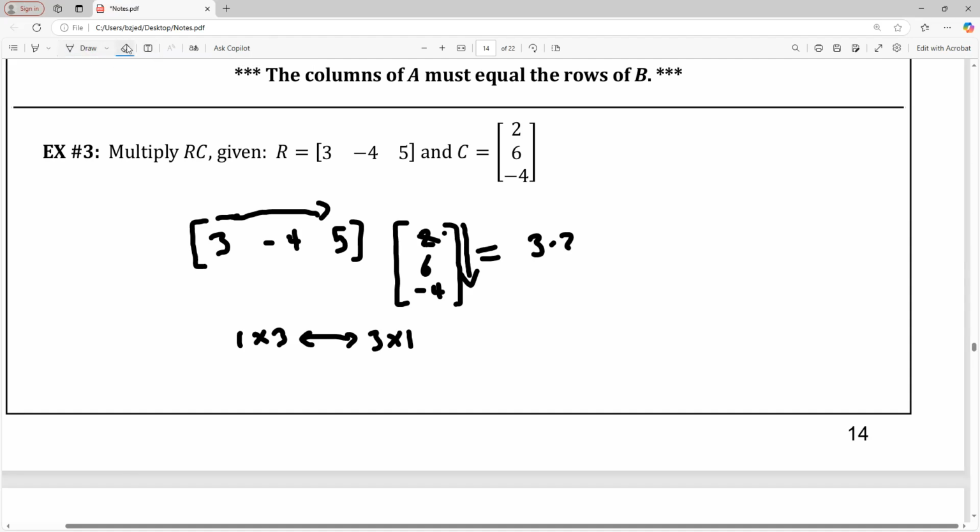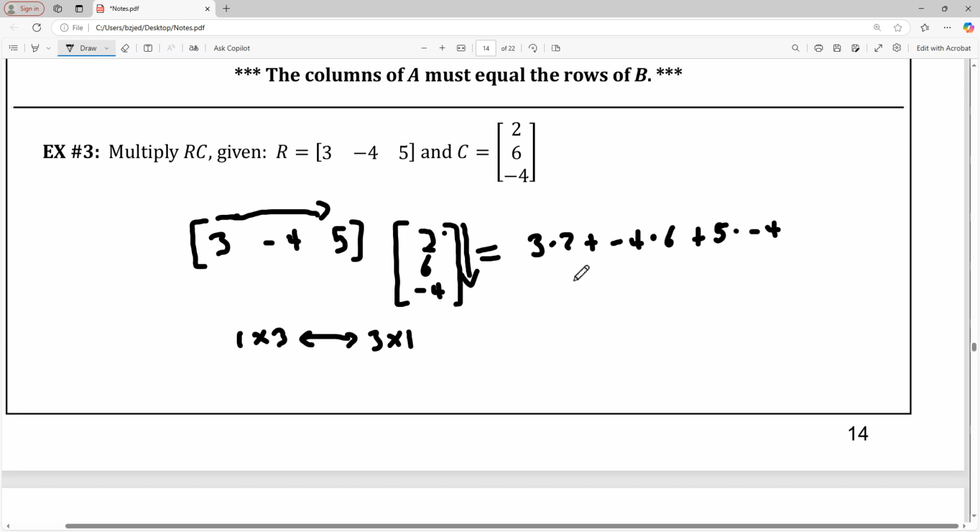Okay, well, let's undo it this way. I have 3 times 2, plus, and now we go to the next element in the first row. This was negative 4, so I go negative 4 times the second element in this column, which is 6. The third element here is 5, so I go plus 5 times the third element in this column, which is negative 4.